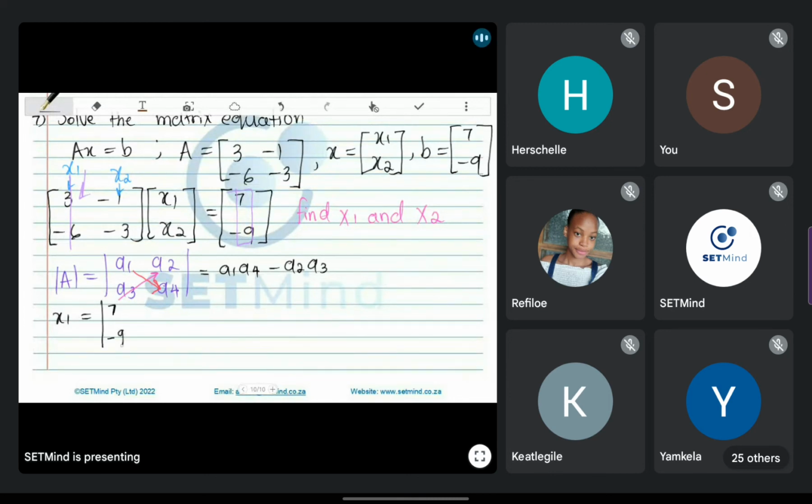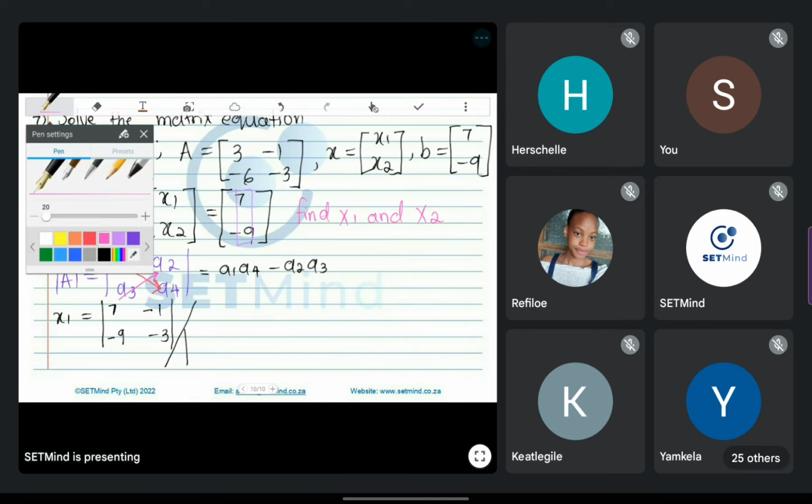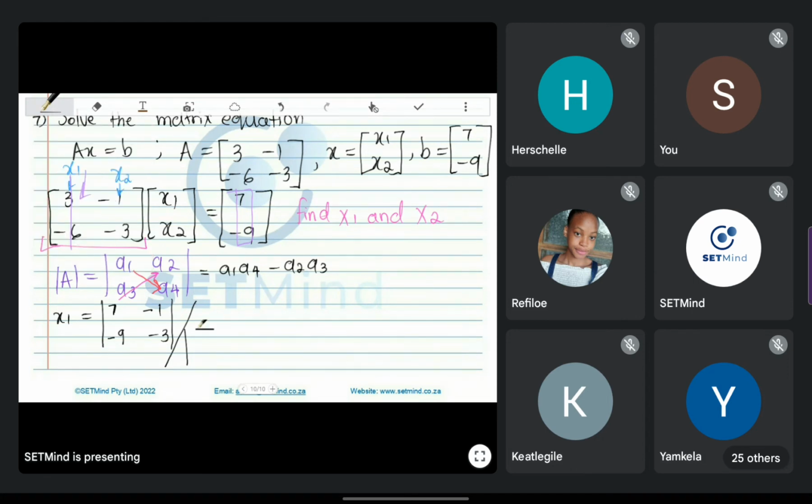And then the minus 1 and the minus 3 are going to be there. And these straight lines simply mean we are going to take the determinant. And then I'm going to divide by the determinant of my original matrix, this one here. And that matrix is simply 3, minus 6, minus 1, minus 3.